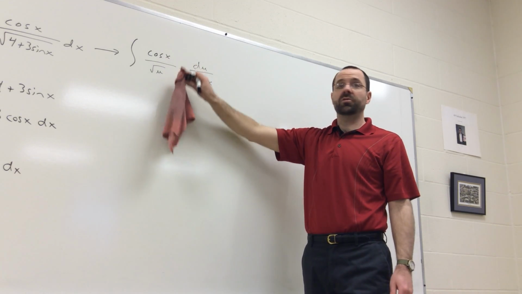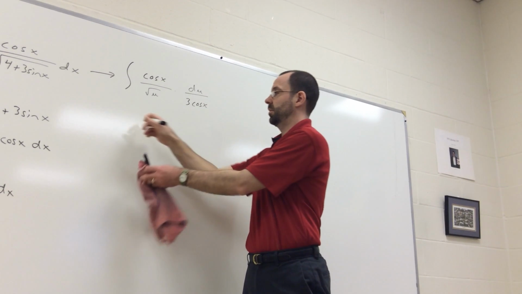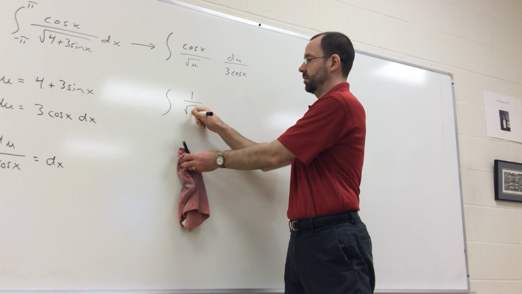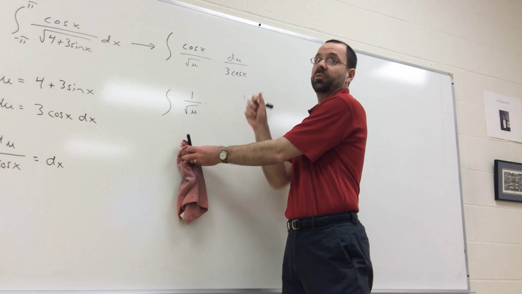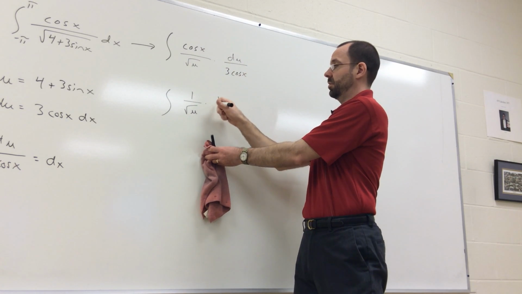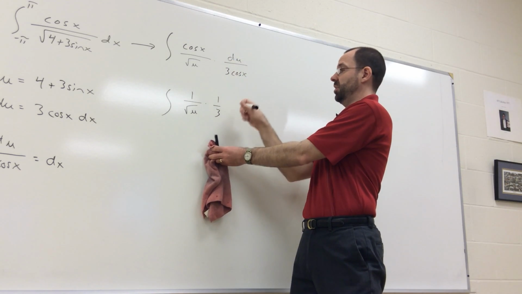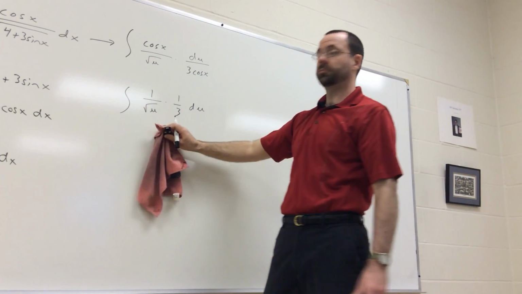Then that's nice because the cosines cross out, so we know we're on the right track. The cosines cross out, we have 1 over the square root of u, also 1/3, and du.